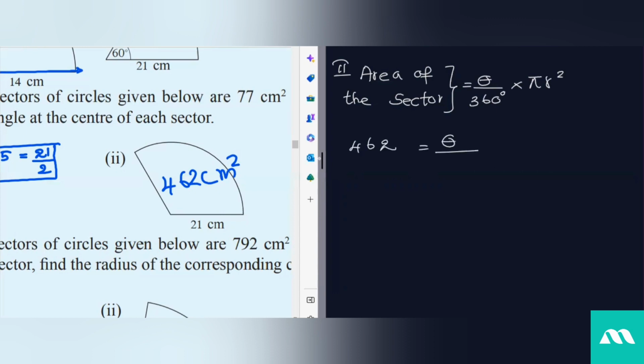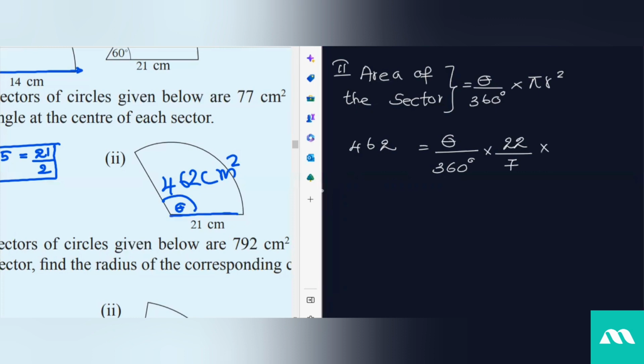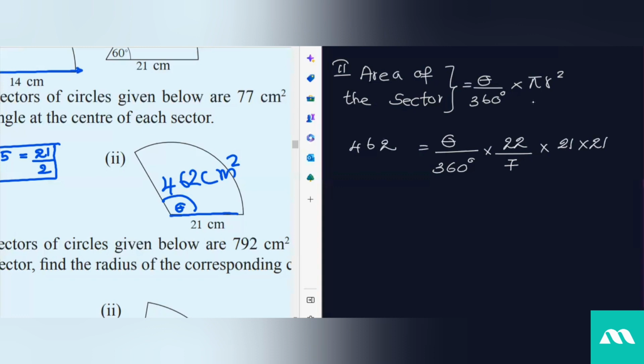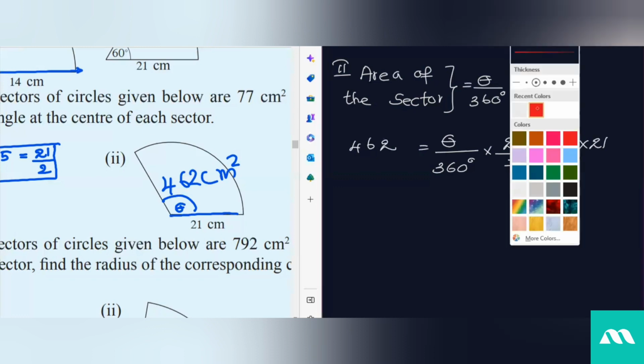The angle at the center we take as theta. Then pi is substituted by 22 upon 7. R squared means here R is 21, so it is 21 times 21. Then you can follow the same procedure as we did previously.